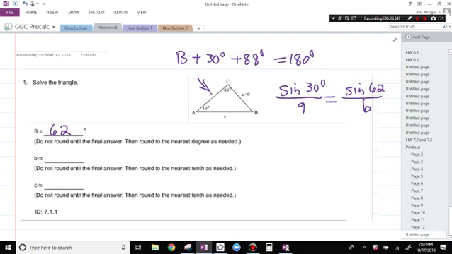As you might expect, your calculator should be in degrees. So we're going to cross multiply and get B by itself. We're going to be doing a ton of cross multiplying. We'll do this procedure ad nauseum. Cross multiply, and we'll then divide by the sine of 30, and it's all calculator.